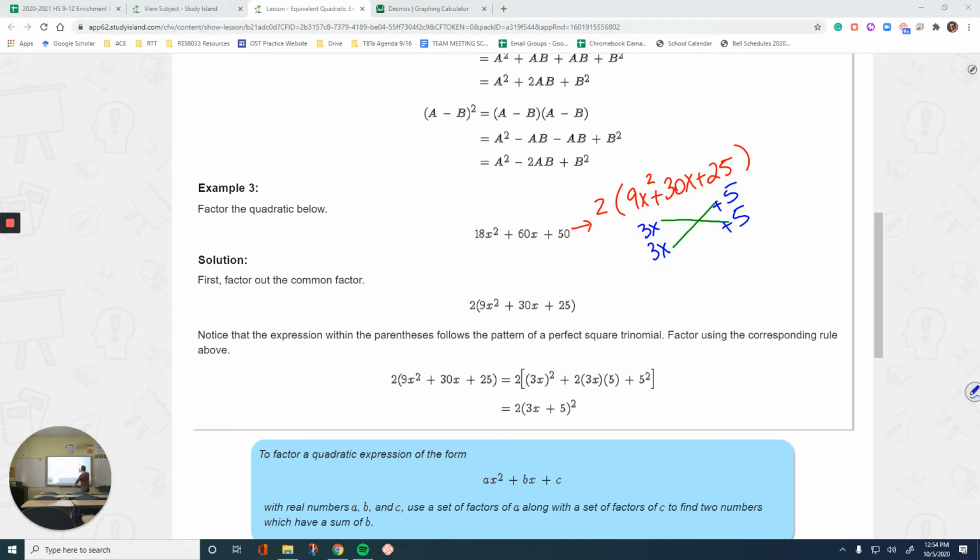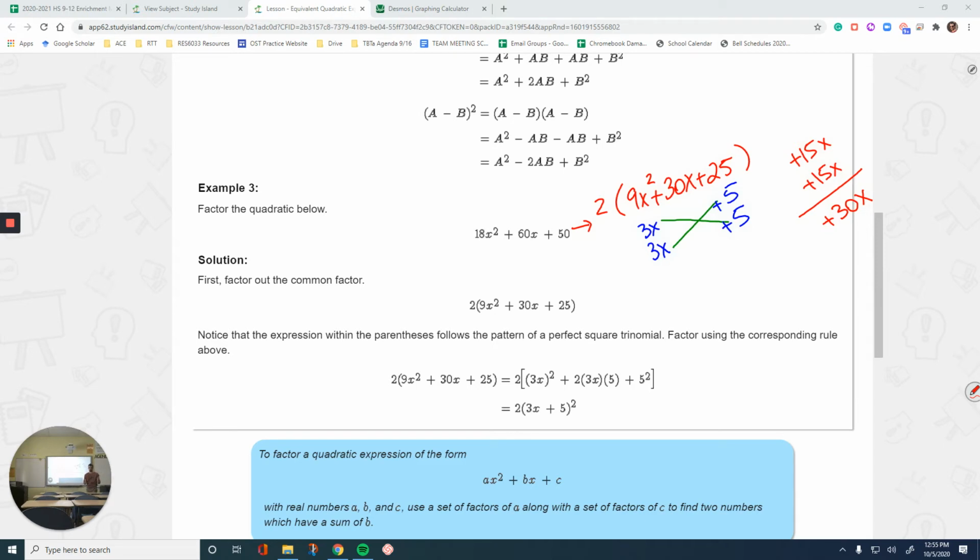Okay, now 3x times positive 5 gives me positive 15x. And then 3x times positive 5 gives me another positive 15x. If I combine these two, it gives me positive 30x, which is my middle term, which is what I'm trying to end up with.